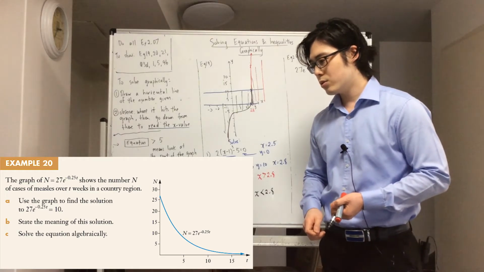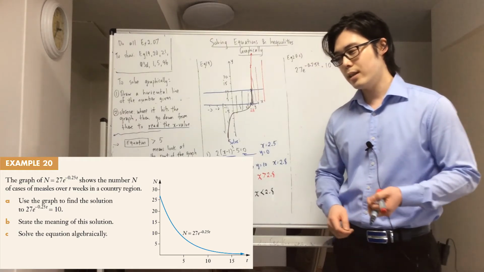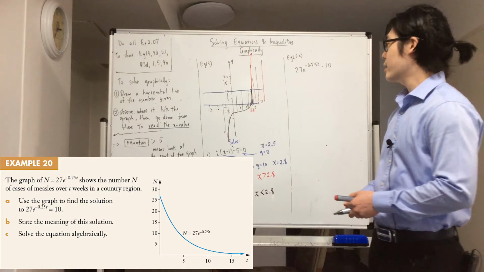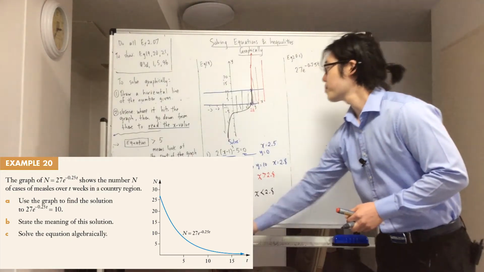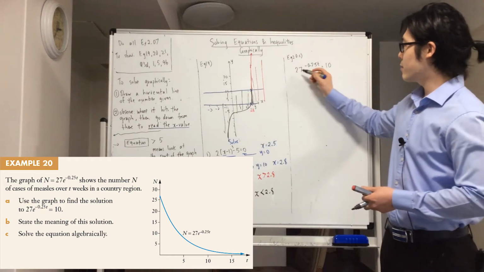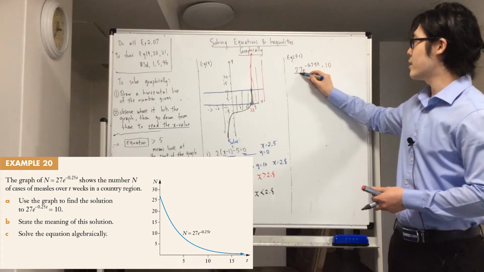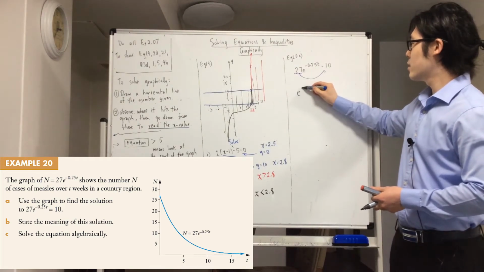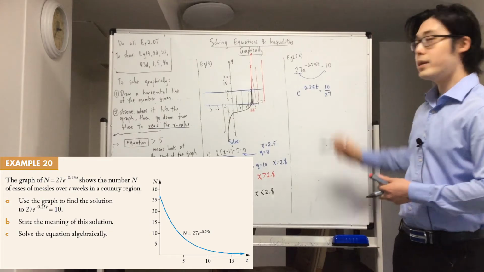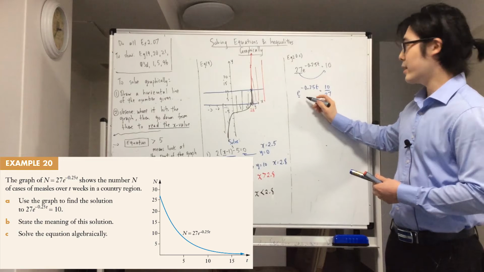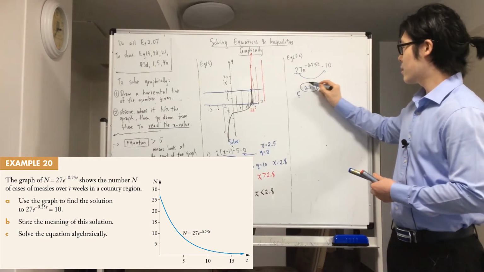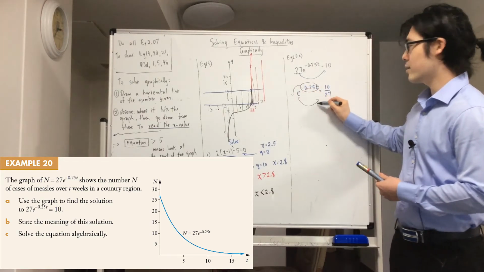I just wanted to explain question 20c, solve it algebraically, because it's been a while since we learned how to solve exponential equations. Okay, in order to do that, the first thing is there is a number in front. Let's just divide it out. And then from here, do you guys remember what the step is? In order to get rid of e, the power comes down, but then you take log e of both sides.